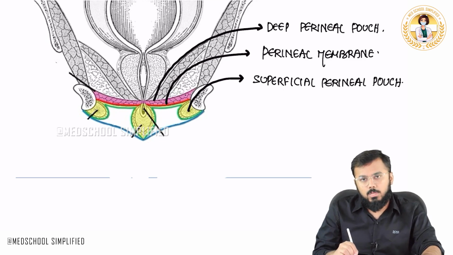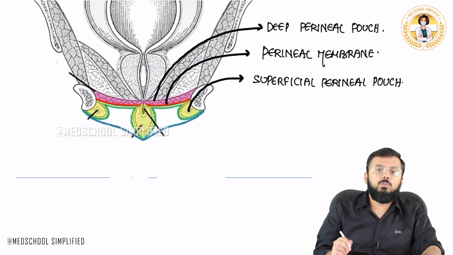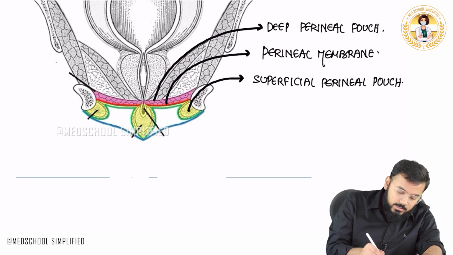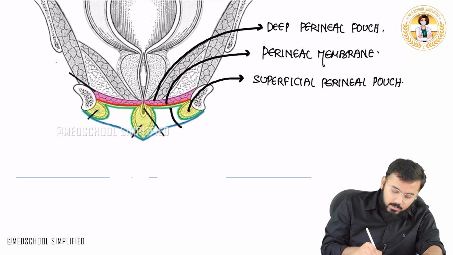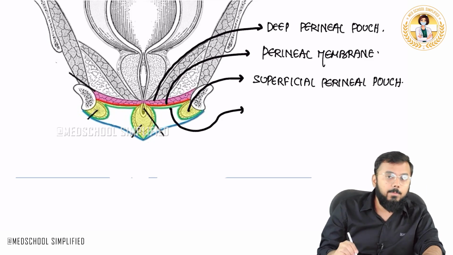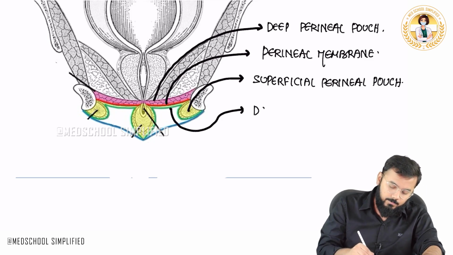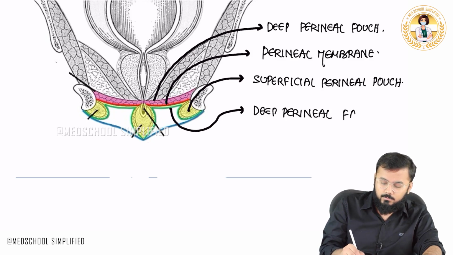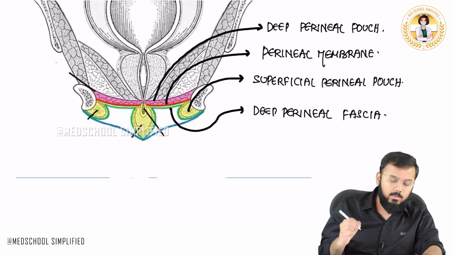After the superficial perineal pouch, you have the deep perineal fascia. This green color fascia which you can see right now is called the deep perineal fascia.